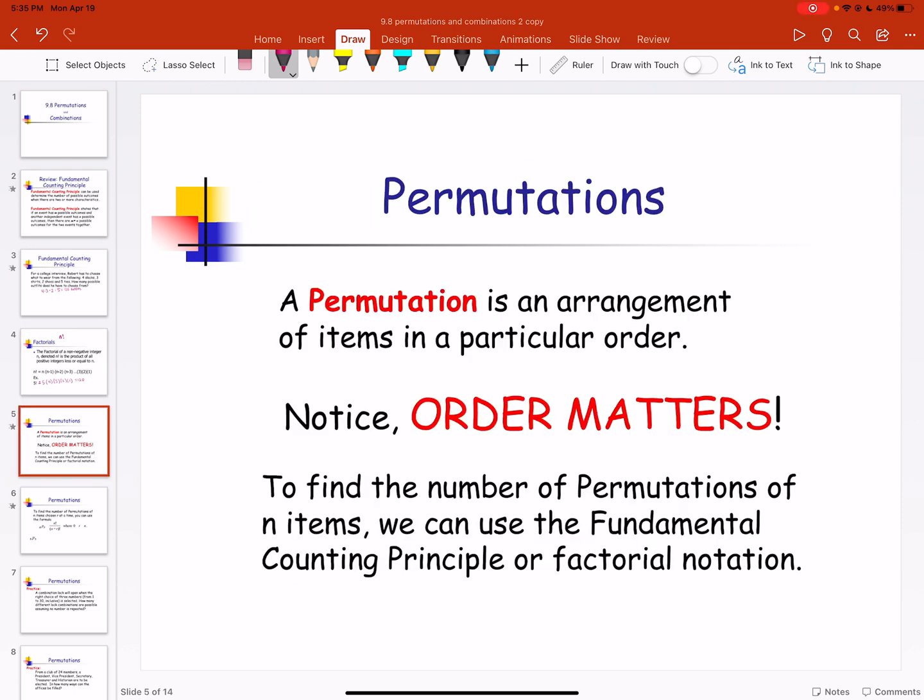A permutation is an arrangement of items in a particular order. Order matters for a permutation. It's going to be kind of confusing to talk about a permutation versus a combination. They're very similar, but for a permutation, the order matters. Think about first, second, third place. If we're trying to find people for office and we want specific people as president, vice president, treasurer, etc., order matters. That's a permutation.